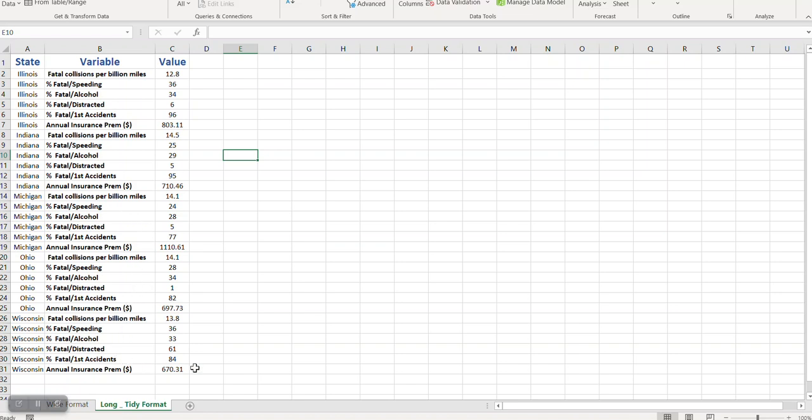But the wide format has value to show the data, think about the data, or sort the data that way as well. So really part of the objective here in our assignment is to be comfortable going from the long format, or tidy format as it's called, to the wide format and back and forth.